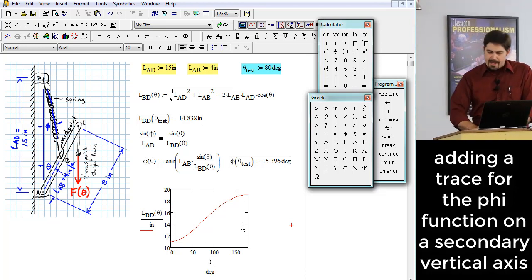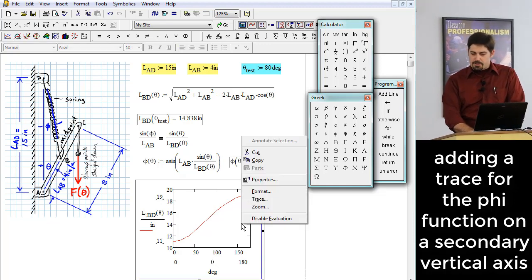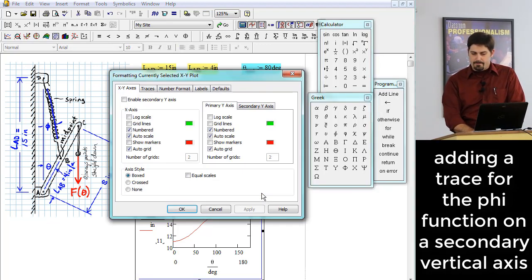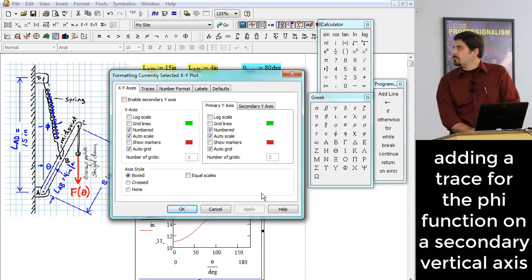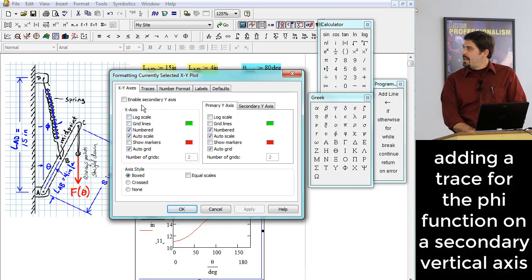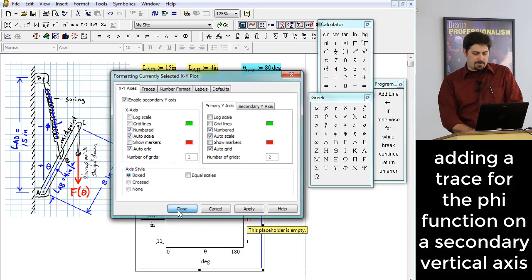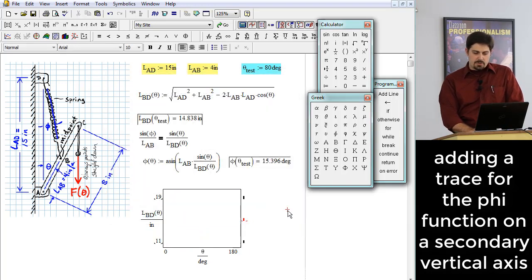To do that, we're going to right-click on the chart and go to Format. And inside Format, you might see up here, we can enable a secondary y-axis. There's a whole bunch of other stuff in this dialog box as well. I'm going to come back to it in just a second and show you some of those. So what did it just give me?